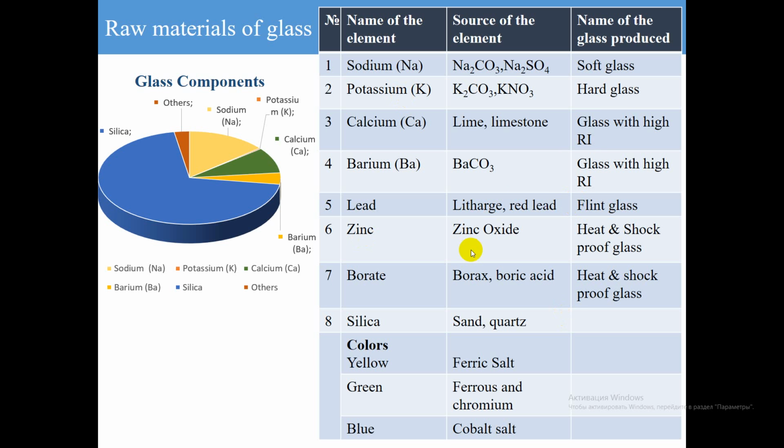Lead, source of the element litharge, red lead, name of the glass produced, flint glass. Zinc, source of the element zinc oxide, and glass produced, heat and shock proof glass. Borate, from borax, boric acid, and product heat and shock proof glass.